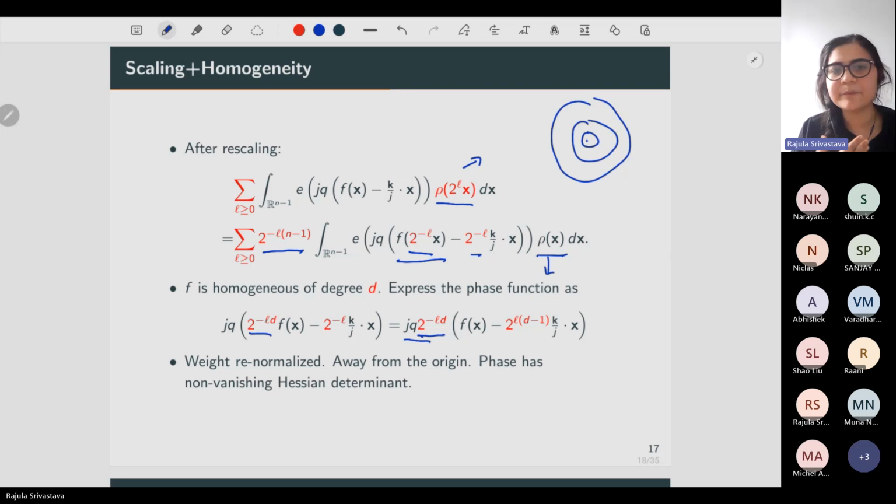The decay that I wanted to exploit was in j times q. But now, because of this negative factor, the decay gets lower, or the oscillation gets dampened. So by just doing these manipulations, you can really see how the oscillation degenerates as we get closer and closer to the origin.